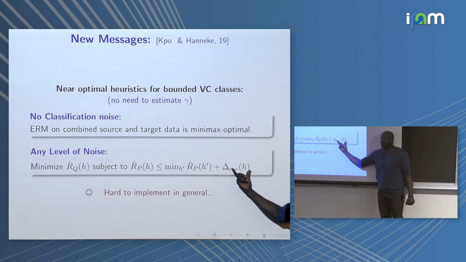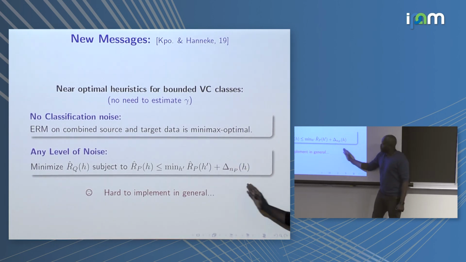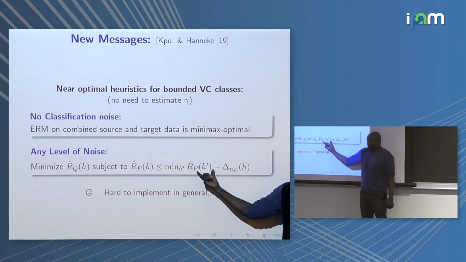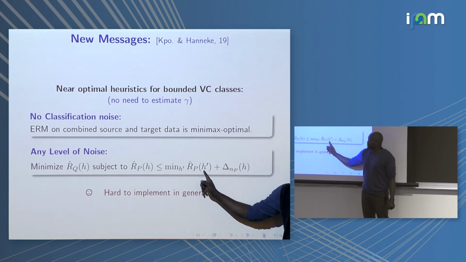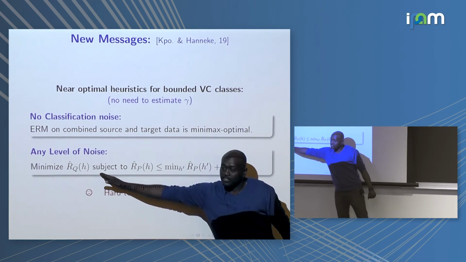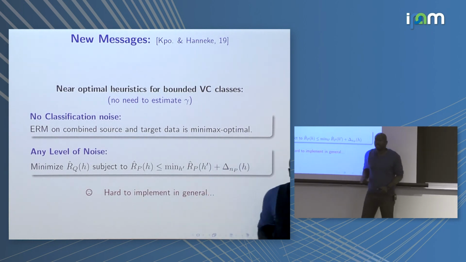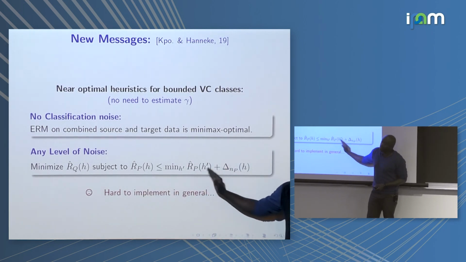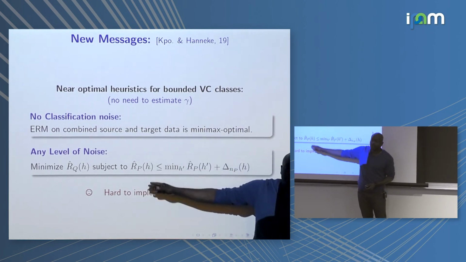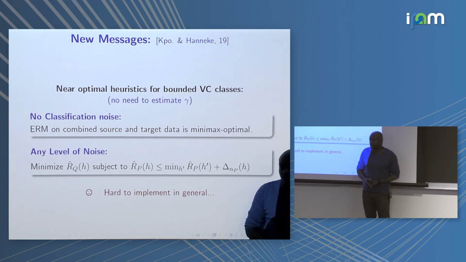It's just a notion of variance of your estimator that you can learn from sample. So as long as you are within a ball of the best under the source, and you minimize the target under it, this is an optimal heuristics, and it is optimal under any of the classification regimes that we've considered.